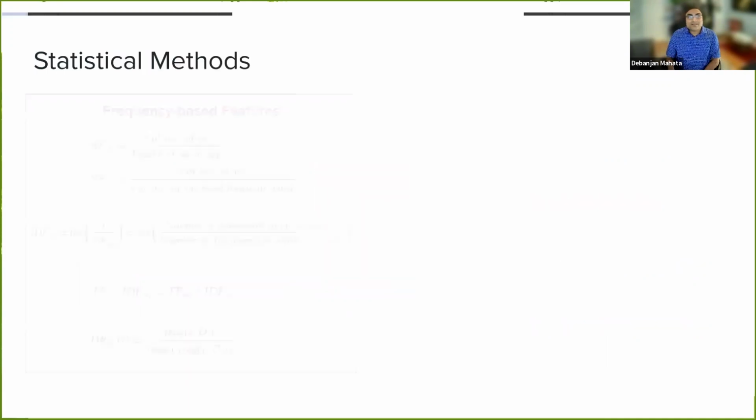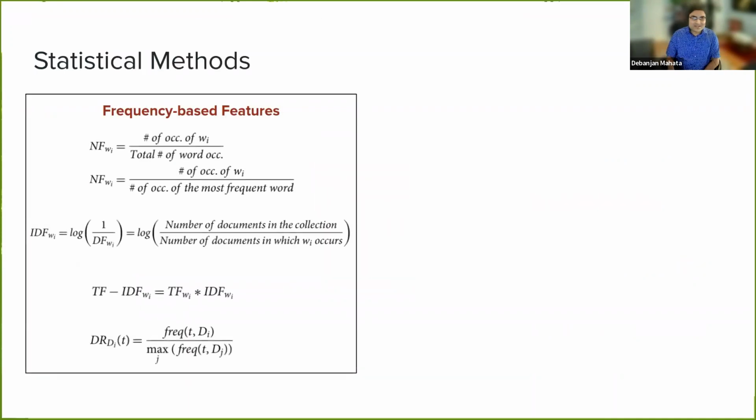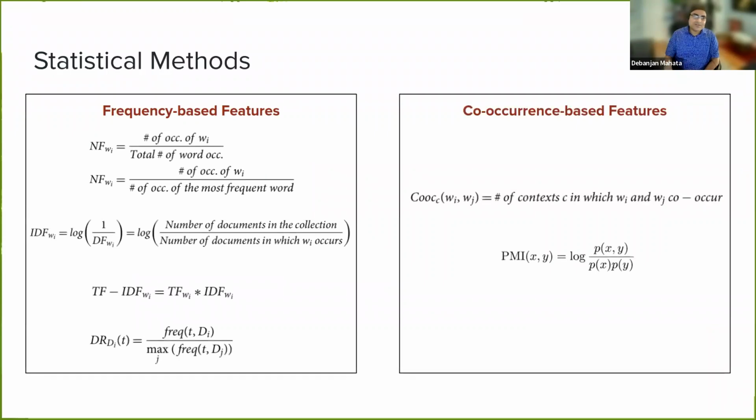So in statistical methods, you use common statistical features, for example TF-IDF scores and co-occurrence based features, and then you try to rank the phrases. There are a couple of libraries out there which help you to do so.